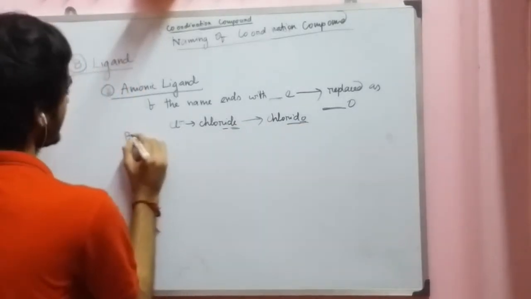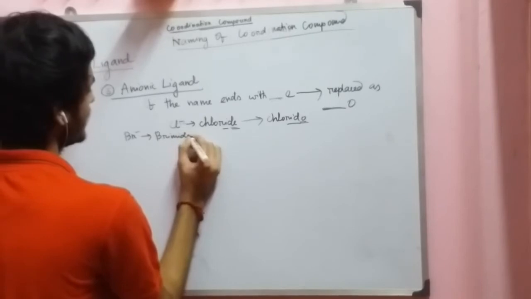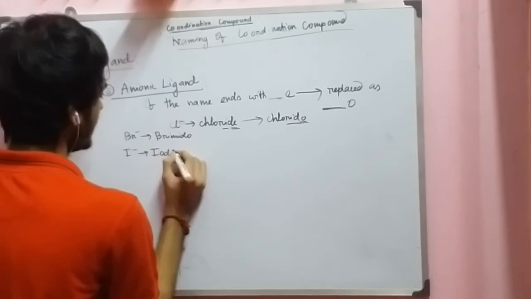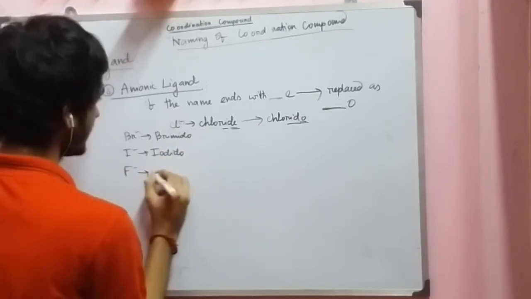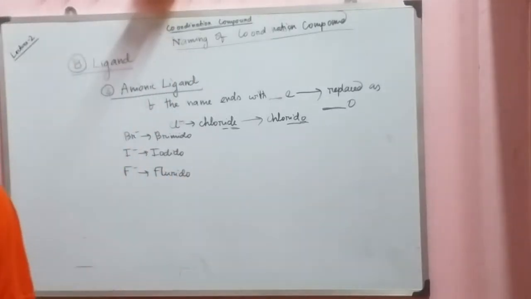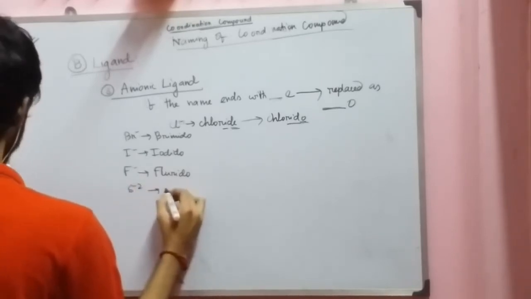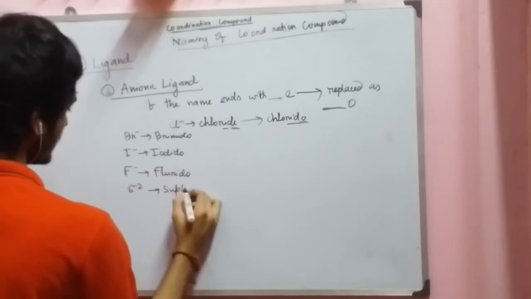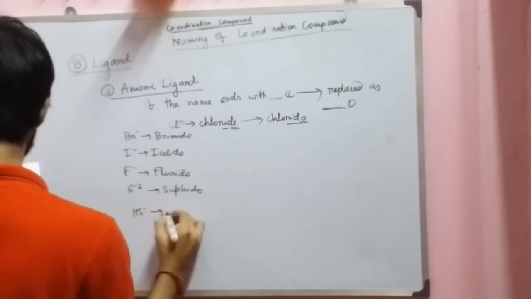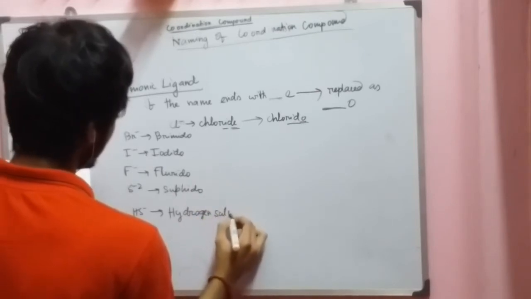Similarly, Br minus, bromido. I minus, iodido. F minus, fluorido. S 2 minus, sulfido. HS minus, hydrogen sulfido.